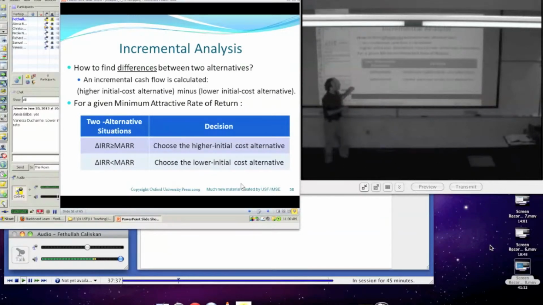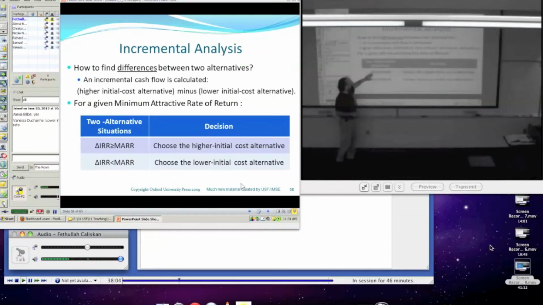The result is because we calculate the incremental rate of return based on the higher initial cost minus the lower initial cost. If it was reversed, then we would have reversed the results. But this is the convention. Keep trying doing it this way, and once you get proficient, then you can think of the other way.